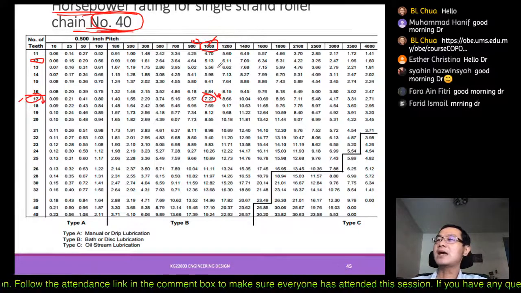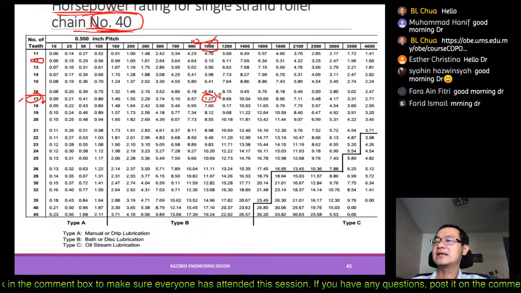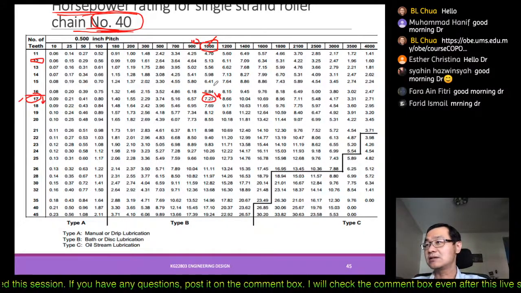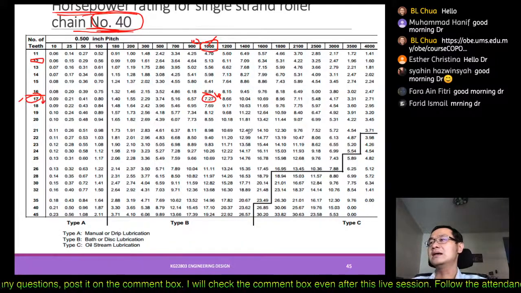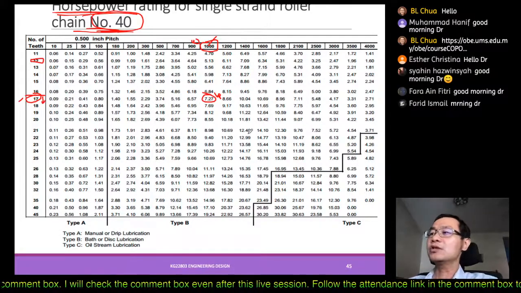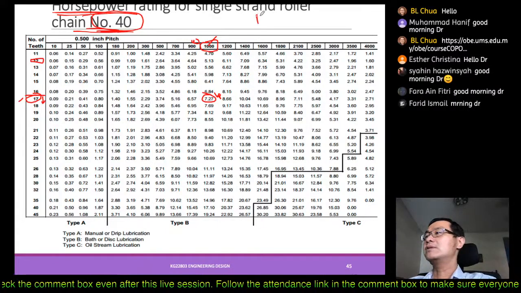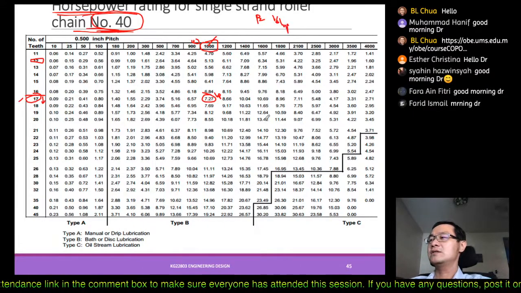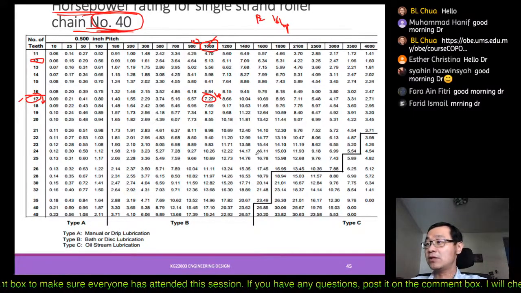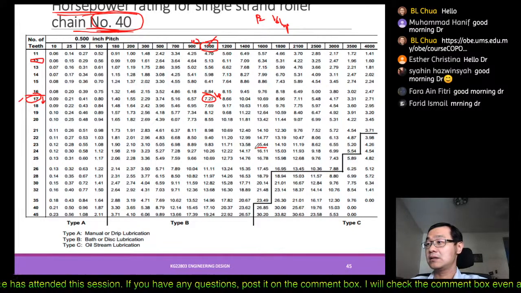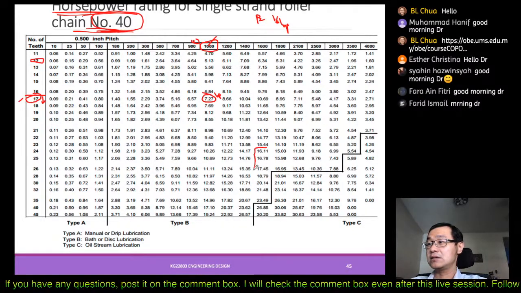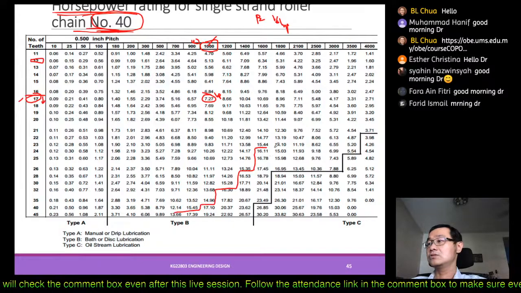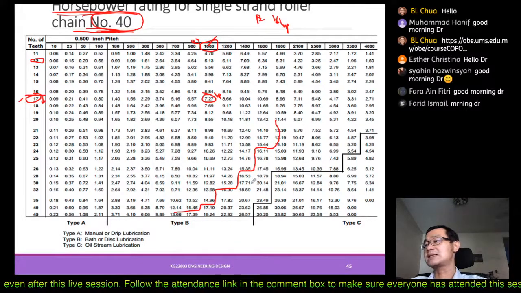This is how you can select based on the power required. You have to select which number can overcome that. Let's say our power required is 16 horsepower; then it would be in this range, 16, so we have to select somewhere here.